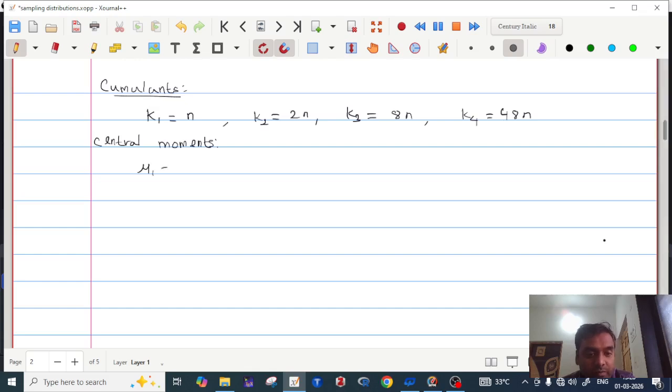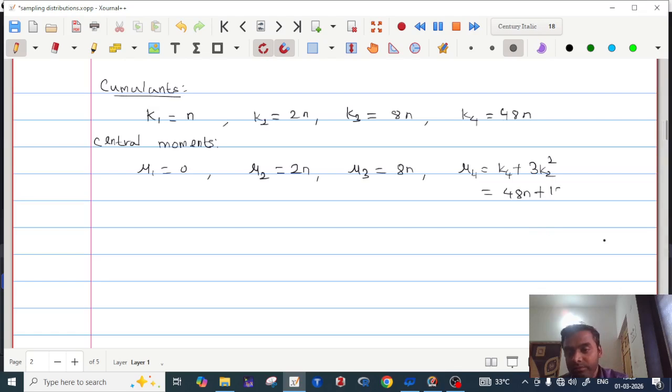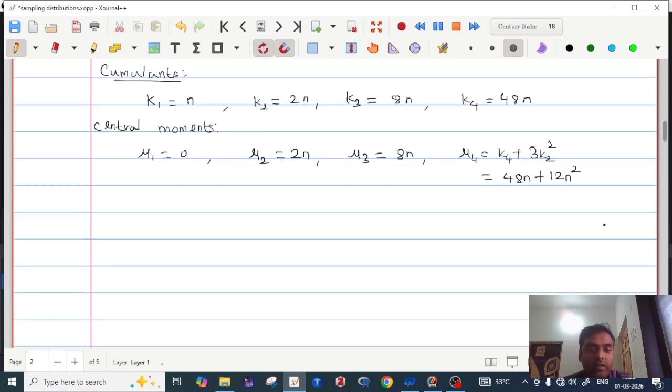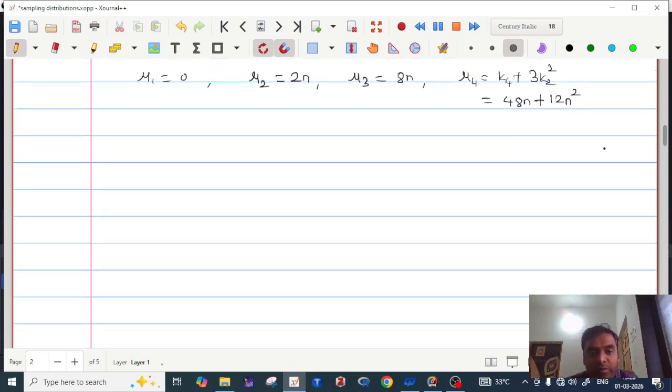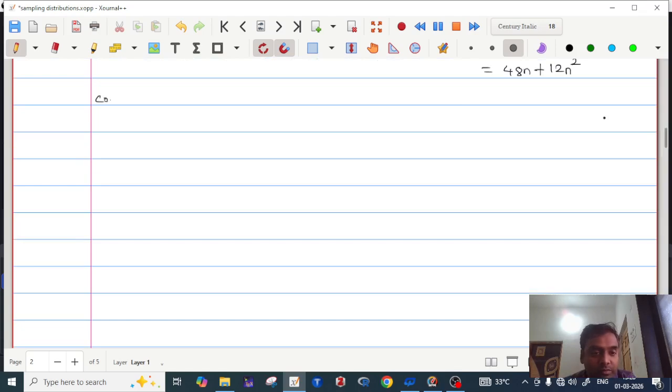Mu 1 is always 0. Mu 2 is k2, so mu 2 is equal to 2n. Mu 3 is k3, again 8n. And mu 4 is equal to k4 plus 3 times k2 square. If you solve this, you will get 48n plus 12n squared. With the help of these central moments, we can find out the coefficient of skewness and kurtosis.